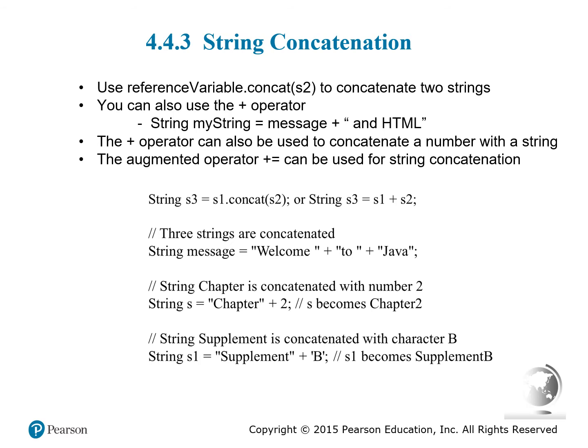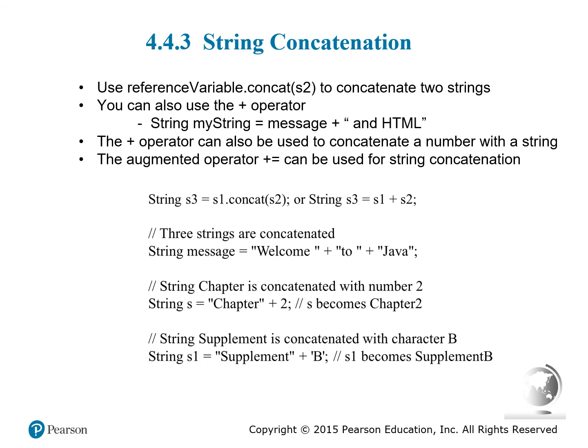You should also recall that when we use the plus sign, if one of the operands is a string and the other is a non-string, the non-string is converted to a string and the 2 are concatenated. This is shown in the example of concatenating the string literal "Chapter" with the number 2 and storing the resulting string, "Chapter 2", in the string s.